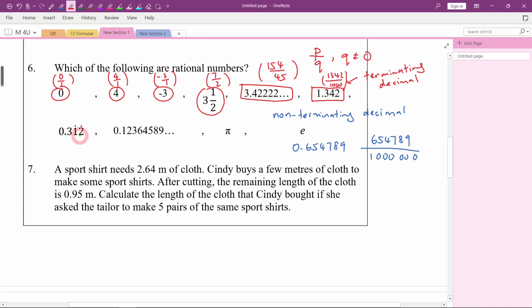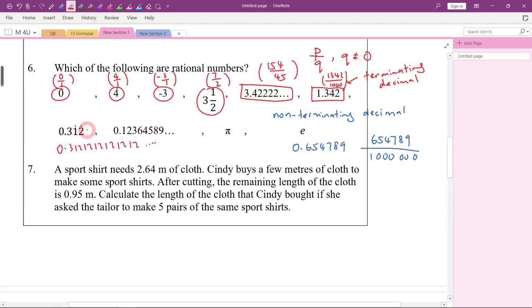How about this? You see a dot over here. The dot tells you that these 2 numbers, 1 and 2, keep on repeating. That means 0.3121212121212, and it does not have an endpoint. It just goes infinitely.